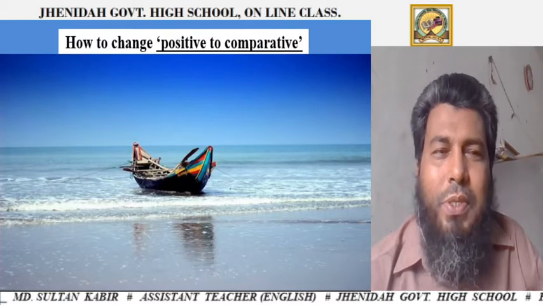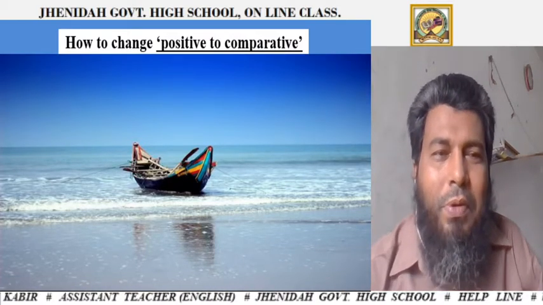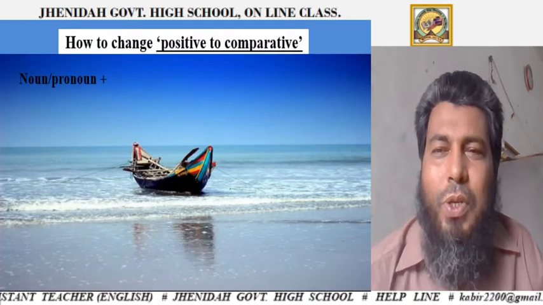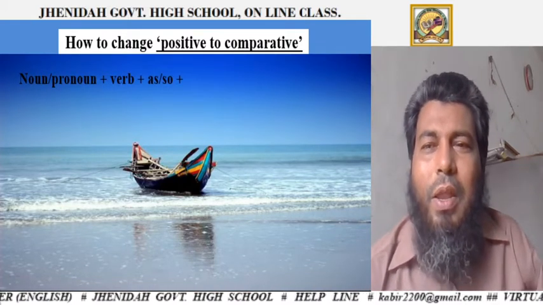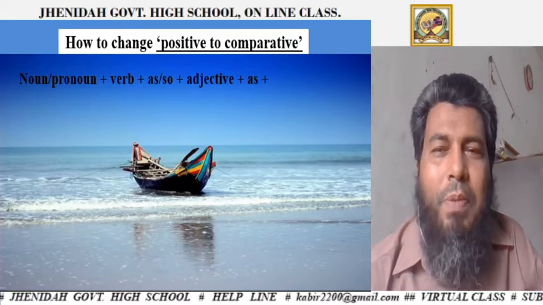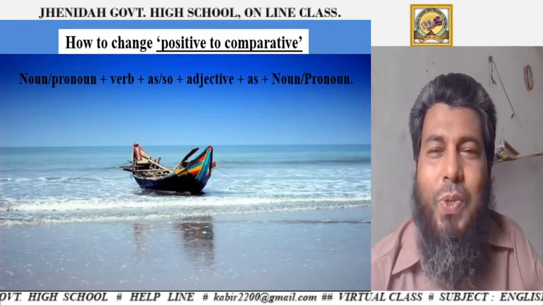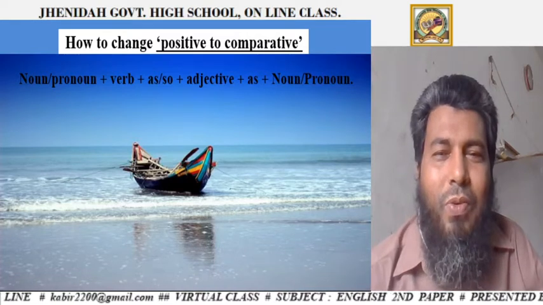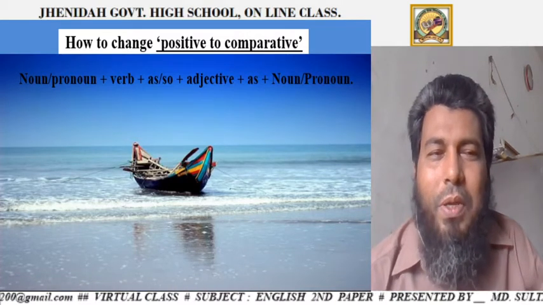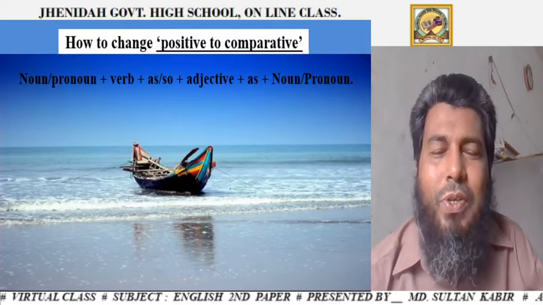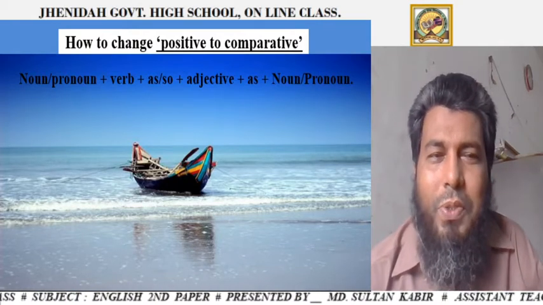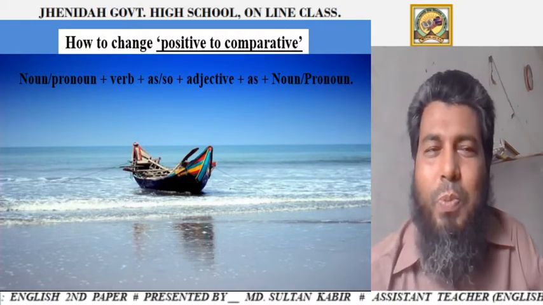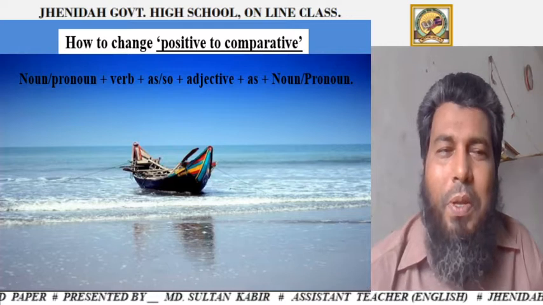The first structure of the positive degree is: noun or pronoun plus verb plus as/so plus adjective plus as plus noun or pronoun. This is the first structure of the positive degree. So how can we change this type of positive degree to a comparative one?